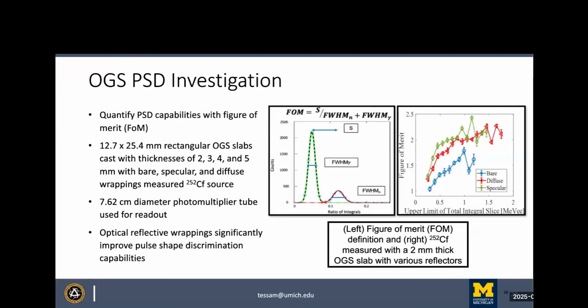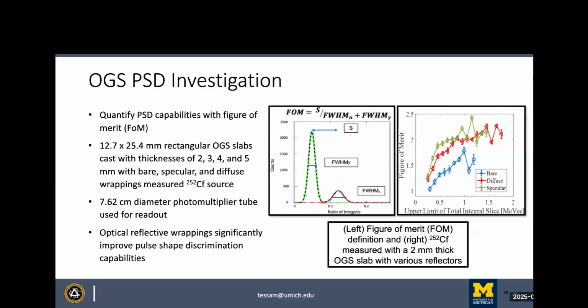In OGS, as in other scintillators, we quantify this PSD capability with a figure of merit, or FOM. In the left-hand picture, you can see a bit of an illustration of the FOM.